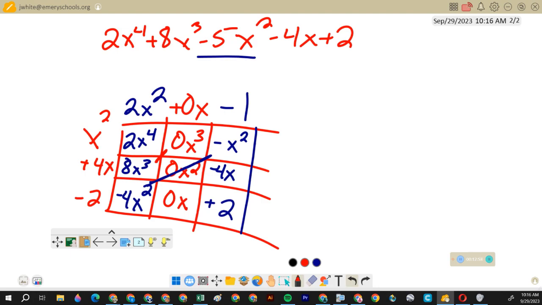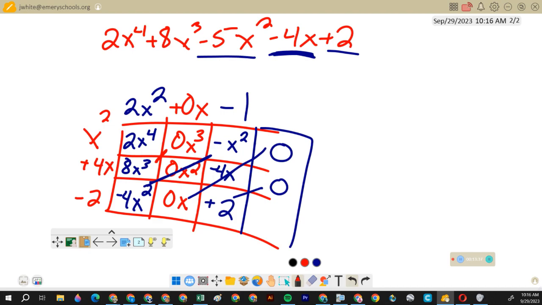Now, these 3 need to add up to be negative 4x. So how many more x's do I need? None. I already have negative 4. 0 minus 4 is negative 4, and that's what I wanted. So this is a remainder, and it's a 0. Okay. These 2 need to add up to be 2. And they do, so the remainder is 0.